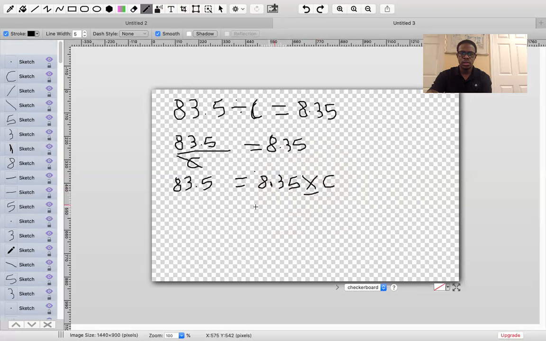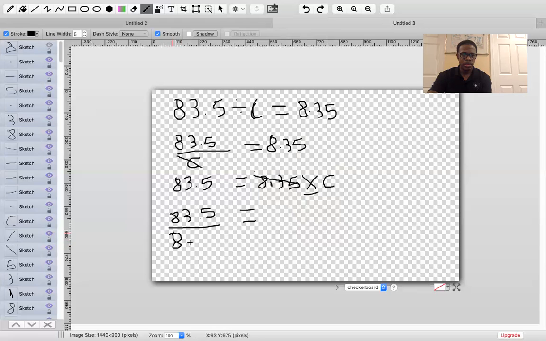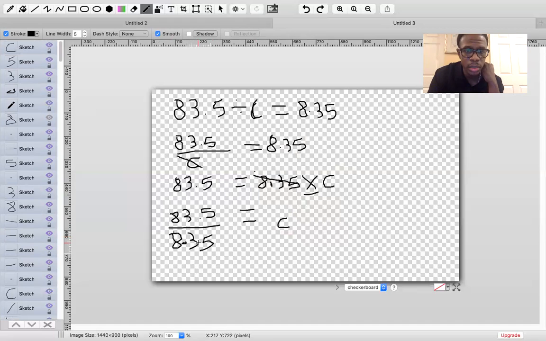Okay, and now we can get C by itself by crossing out 8.35 and then doing the opposite of this operation, which is divide. So now we're going to get rid of this. I'm going to do the opposite, which is divide. So we're going to rewrite the 83.5, and now we're going to move that here and divide by 8.35 is equal to C. So how would I divide 8.35?